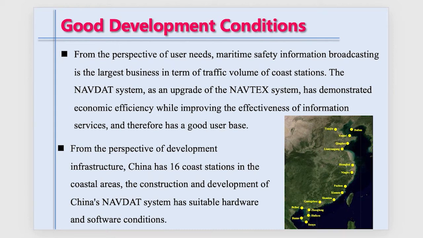From the perspective of development infrastructure, China has 16 coast stations in coastal areas. The construction and development of China's NAVDAT system has suitable hardware and software conditions.